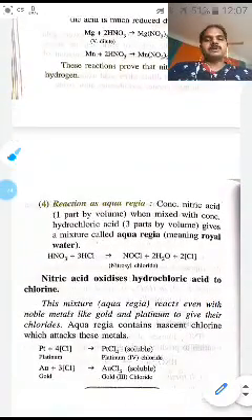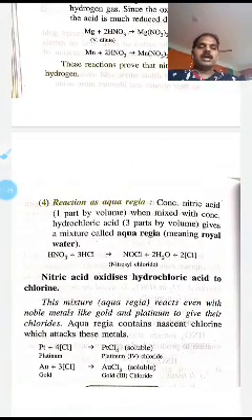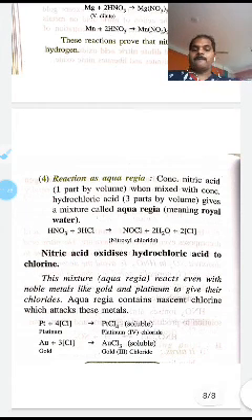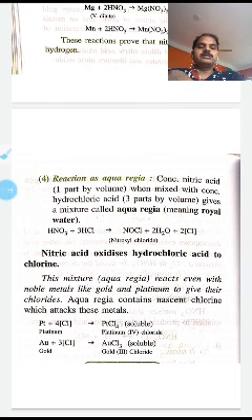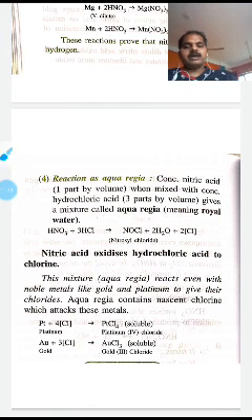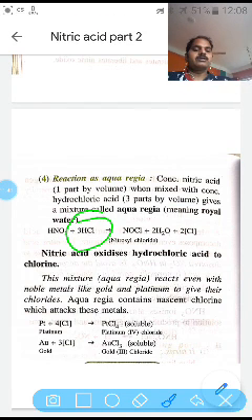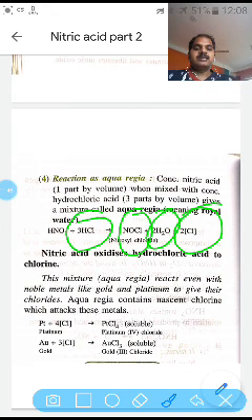Now the last part, part 4 of our discussion, is the reaction of nitric acid as aqua regia. We know, as we have studied hydrochloric acid earlier, that one part of nitric acid reacts with 3 parts of hydrochloric acid to form nitrosyl chloride, water and nascent chlorine.